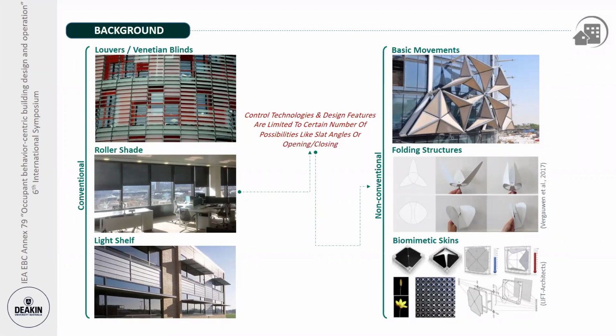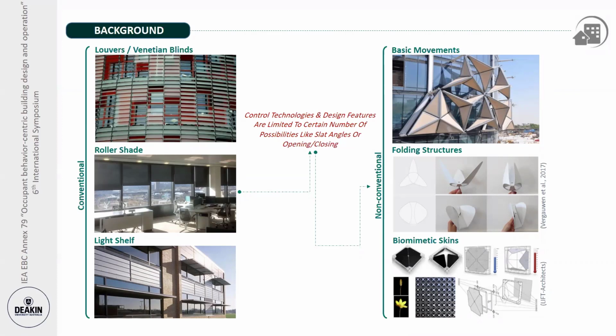So if I want to personalize an adaptive facade, what type of facade is the most suitable one for my investigation? Adaptive facades can be classified into two groups based on their motion layout. On the left, we have the simple motion layout as conventional adaptive facades like Venetian blinds, and on the right, we have the complex motion layout as non-conventional adaptive facades that contain three different design approaches. First, using translational or rotational movements.